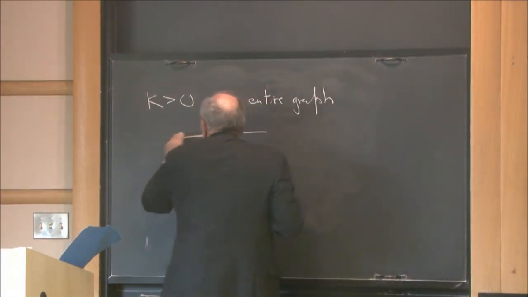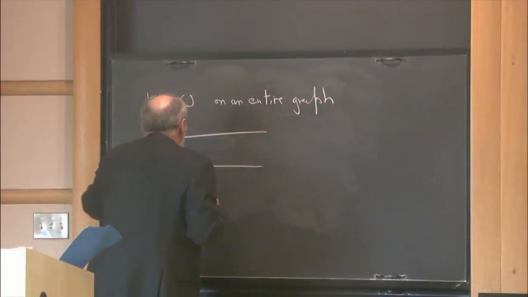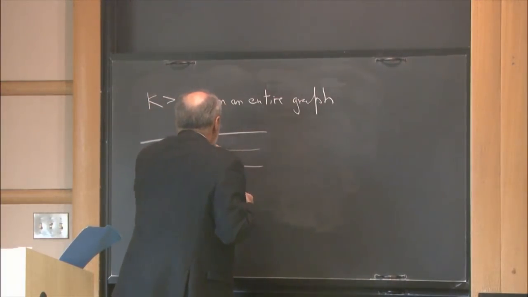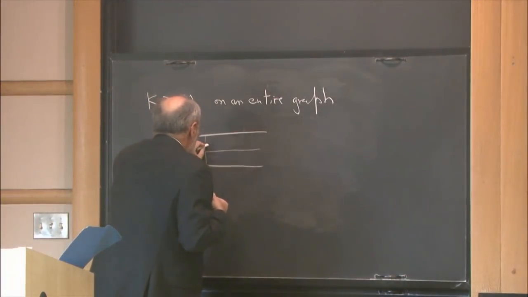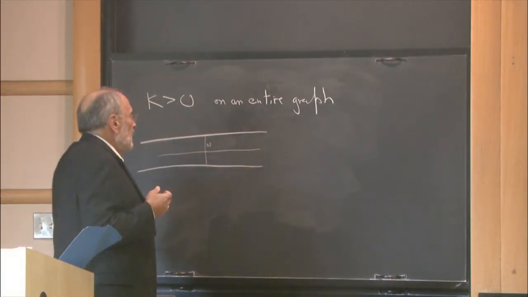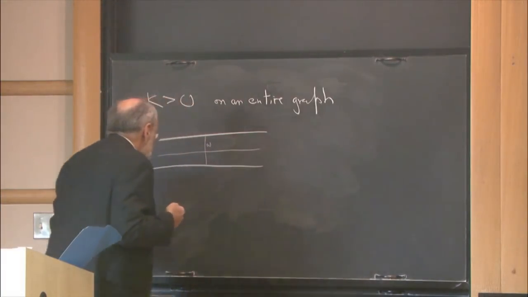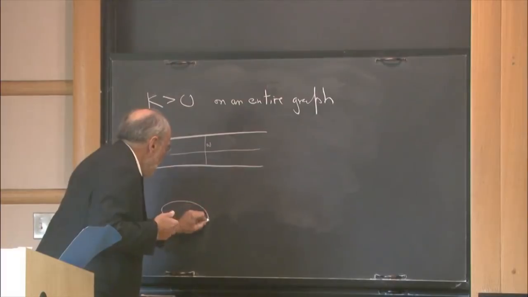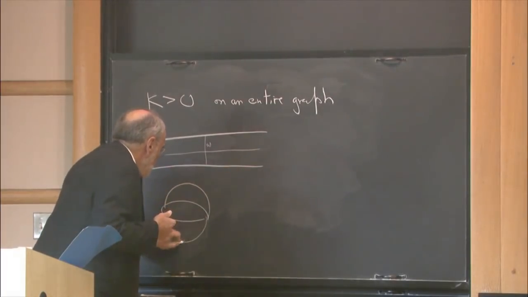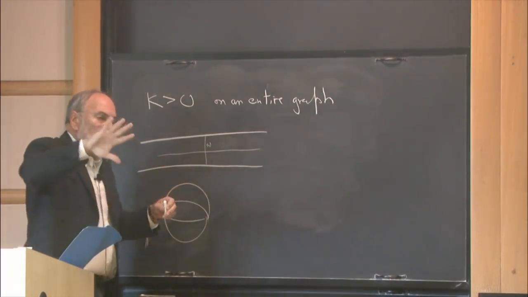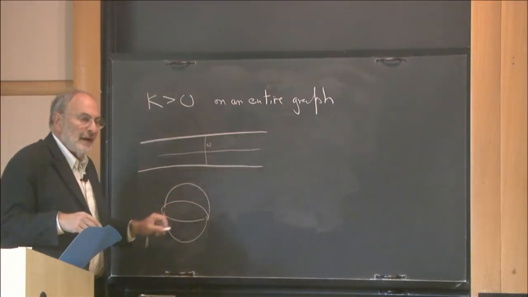So here it is. It has some width w. I look at its Gauss map into the sphere. I choose the normal going up on this graph, so it goes into the hemisphere.